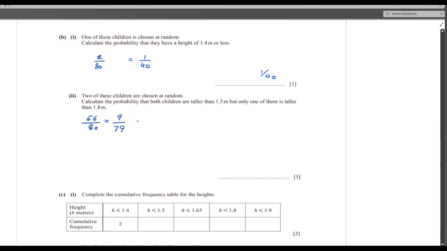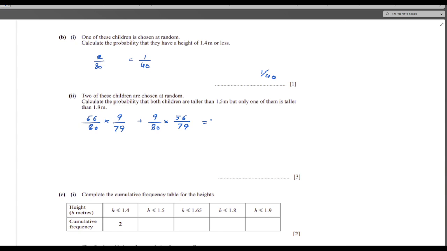But there is one more condition possible, that the first child you choose is of height more than 1.8, so that is 9 divided by 80, and the other child has height more than 1.5 but less than 1.8. So like this I have 56, so it is 56 divided by 79. You can also say that this is 56 upon 80 into 9 divided by 79 times 2. So 56 divided by 80 times 9 divided by 79 times 2.